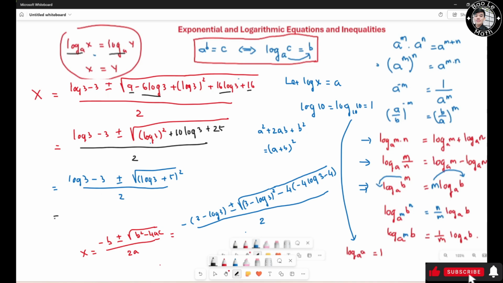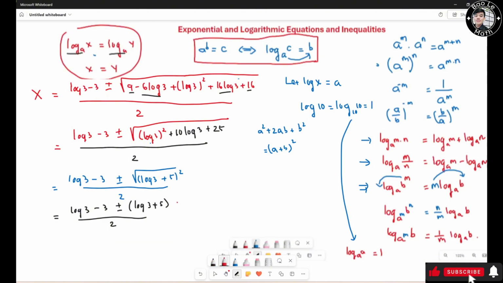So this guy is going to be log 3 minus 3 plus and minus parentheses log 3 plus 5 over 2. Now I need to simplify this one, so it turns out to be log 3 minus 3 plus log 3 plus 5 over 2.